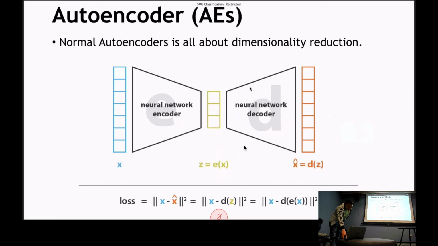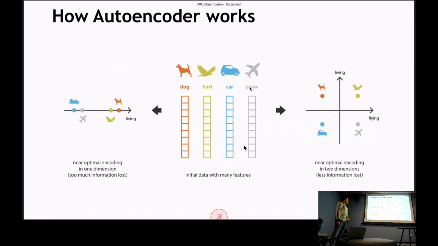This is just to reduce the dimension of the original input. As you can see here, suppose the original input has 7 dimensions and you want to reduce it to 1 or 2 dimensions.